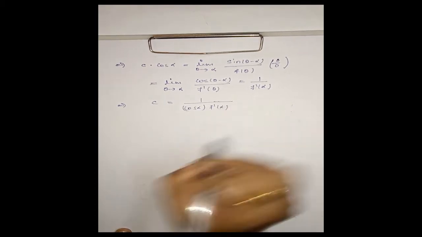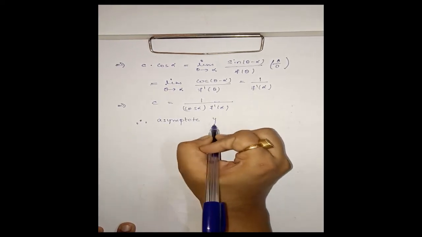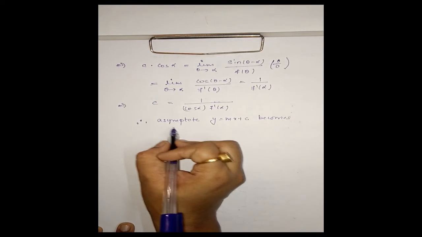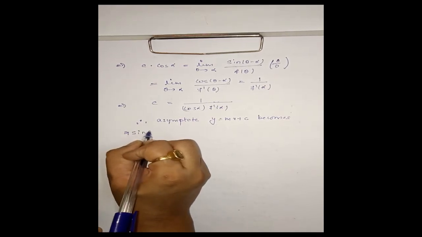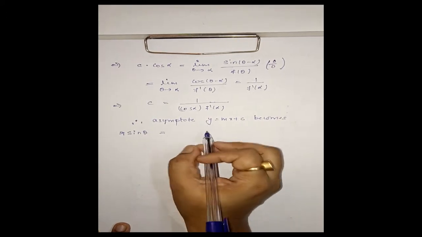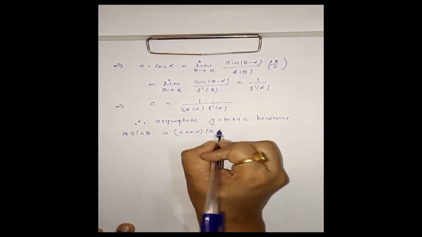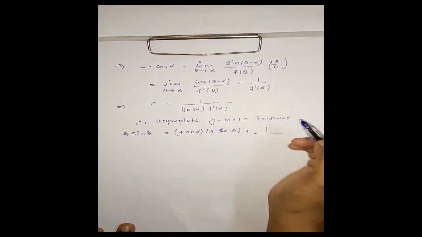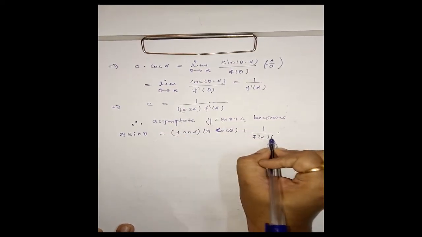Therefore the asymptote y is equal to mx plus c becomes, on substituting values of y, m, c and x, r sin theta is equal to tan alpha, m is tan alpha and x is r cos theta, plus 1 upon f dash alpha cos alpha, which is c.